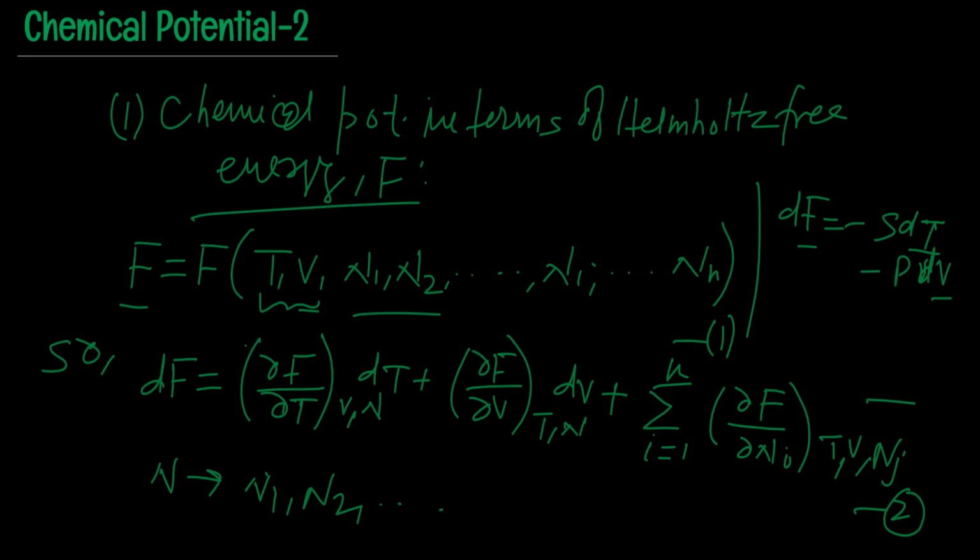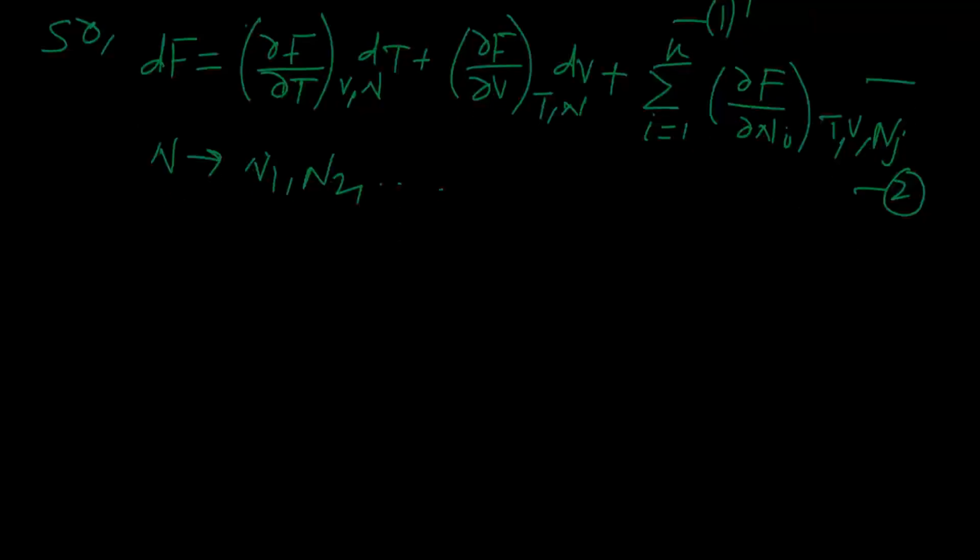Now, if we consider that our system is a closed system or an isolated system, the number of particles of the system will remain constant, and so this dNi will be equal to 0.